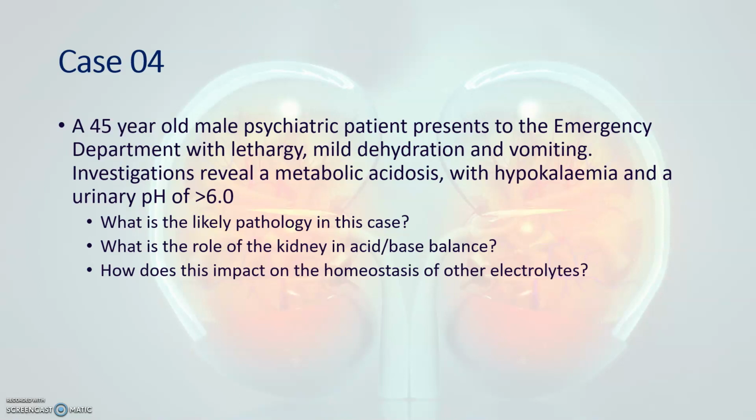He should be losing acid in the urine. This is not the case here. So this is a case of renal tubular acidosis, which presents like this, with hypokalemia, metabolic acidosis, and an inappropriately high urinary pH.